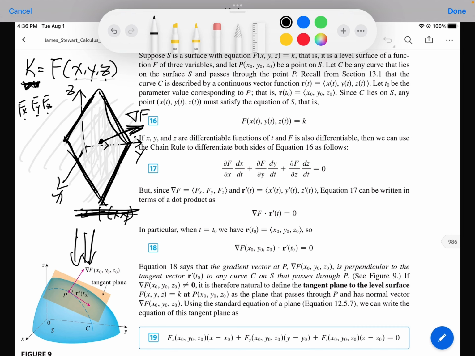That is just something I want to mention so that you don't get confused about whether z is a response variable or an independent variable, and about what quantity this gradient vector is perpendicular to.